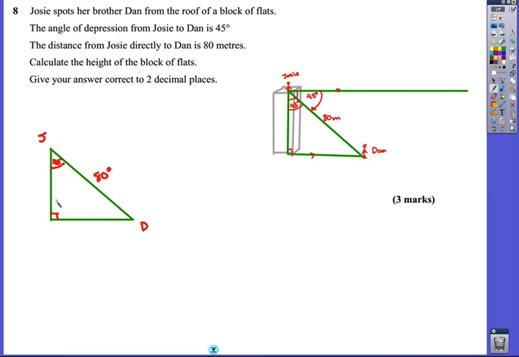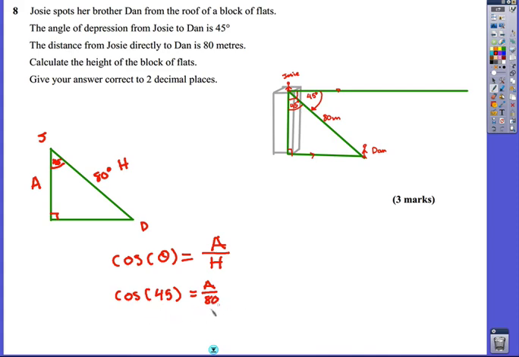Calculating the height of the flats. Well, we have an angle, we have the hypotenuse, we need to work out the adjacent. So we're going to use the cosine rule. So cosine theta is equal to adjacent over hypotenuse. Fill in the information that we've got. Cosine of 45 is equal to adjacent over 80.